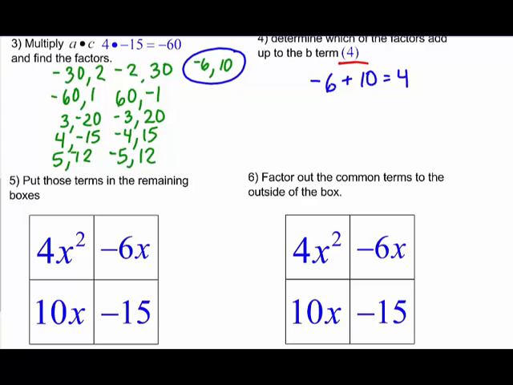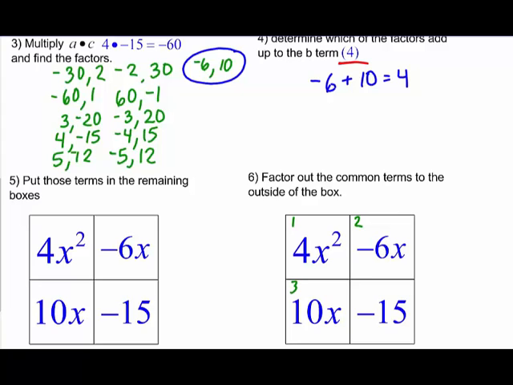Step 6 is we're going to factor out the common terms. So what I mean by that is I'm going to look at each column and each row, and I'm going to pull out what they have in common. So for instance, if I look at these two rows going up, well, let's number these boxes, that might help.